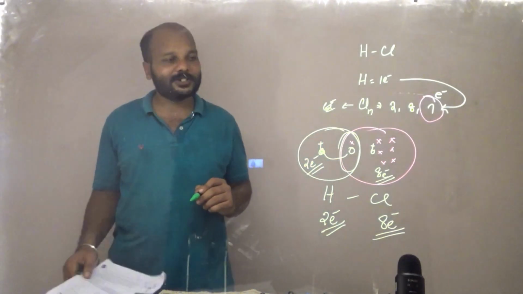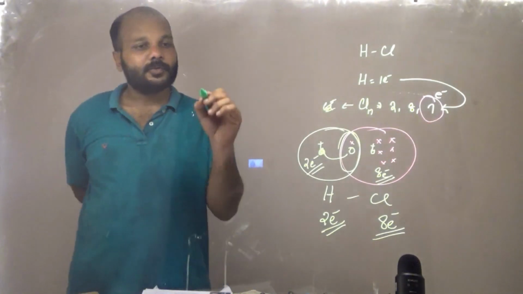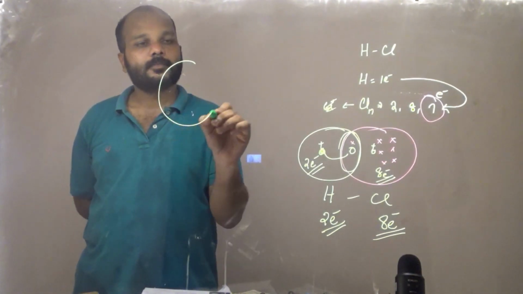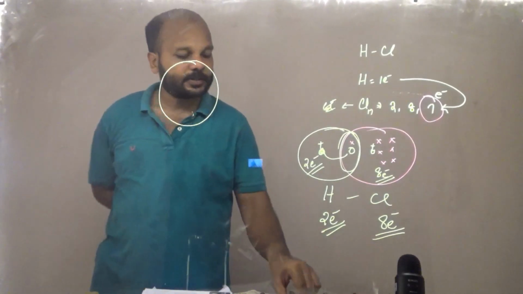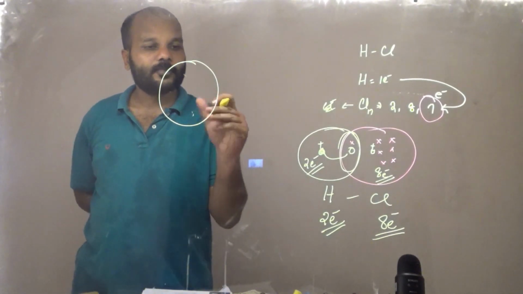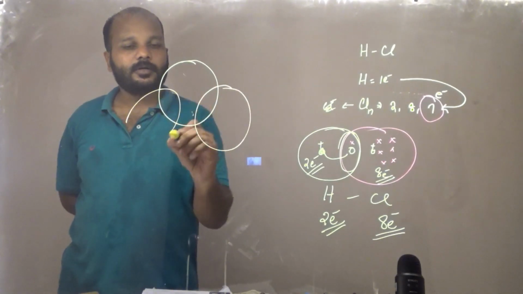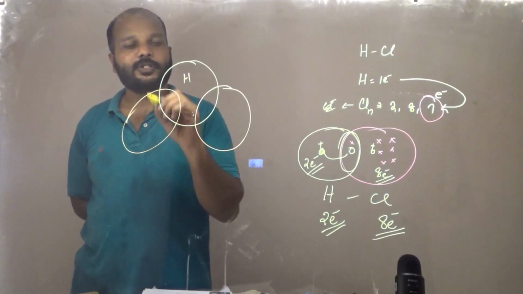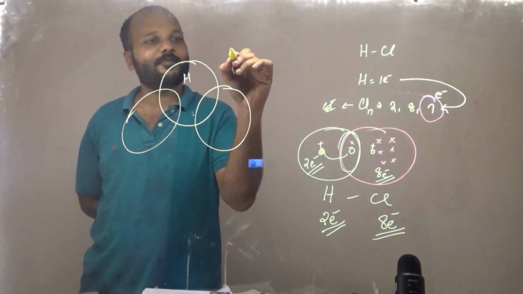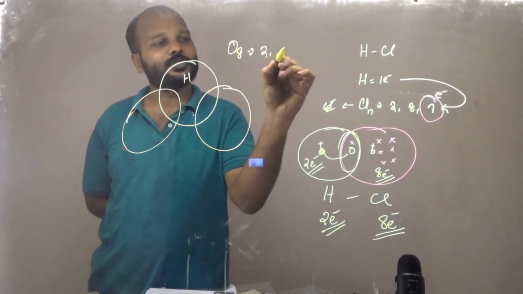Now next example, we shall take the example of water. So this is hydrogen, and this is hydrogen. This is oxygen. So oxygen, as you are very clear, has atomic number 8, and the electronic configuration is 2, 6.